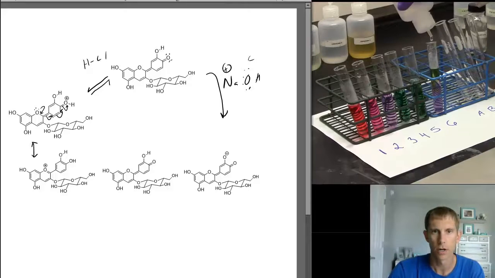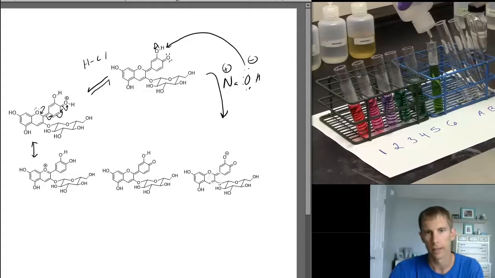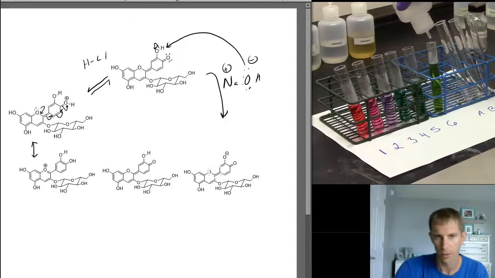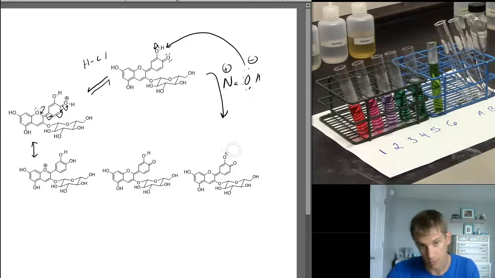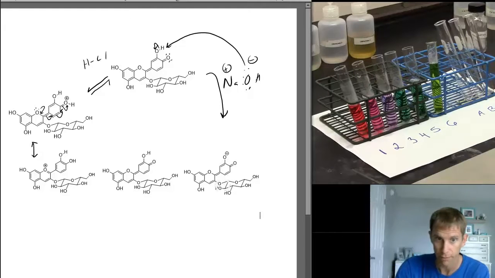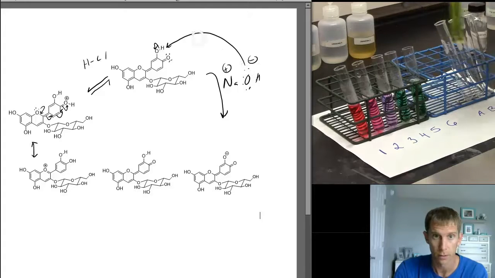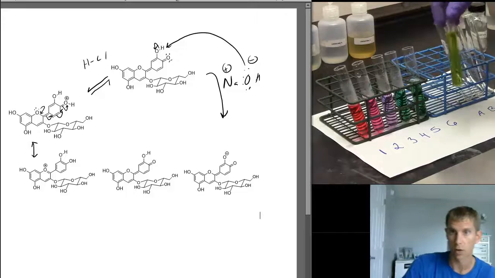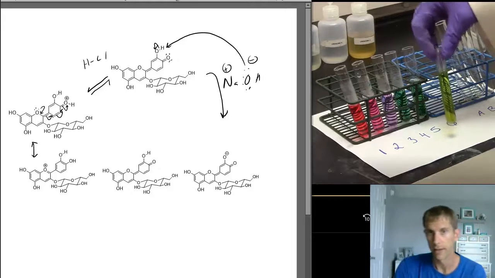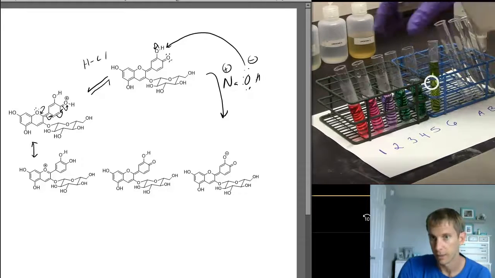Sodium has a plus charge, oxygen has a negative charge. That's going to take this proton. We're going to deprotonate that, and that will actually take us right to our product. So we don't need to worry about the resonance contributors. Now this has multiple resonance contributors, so we could have shown a different form of this, but for convenience sake, all we need to do is take that proton, and we can form the conjugate base, and the conjugate acid water is in solution as well, and that turns it a green color.